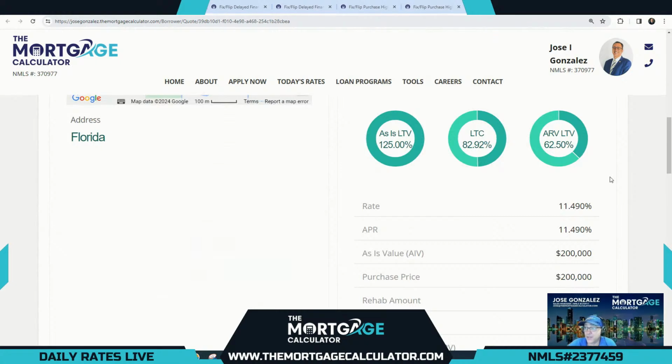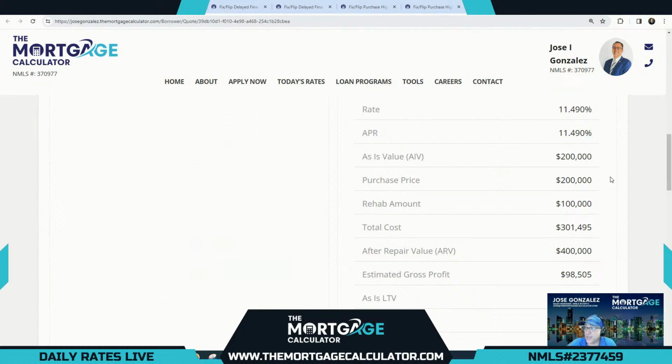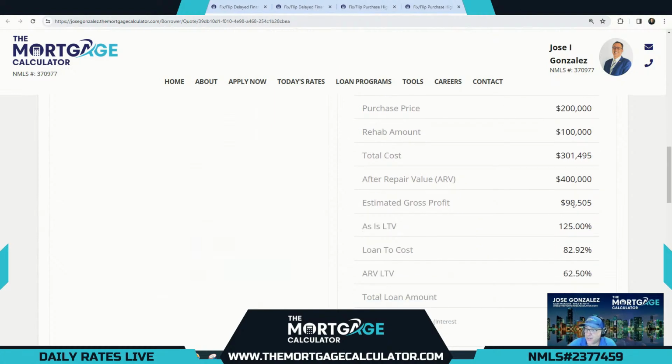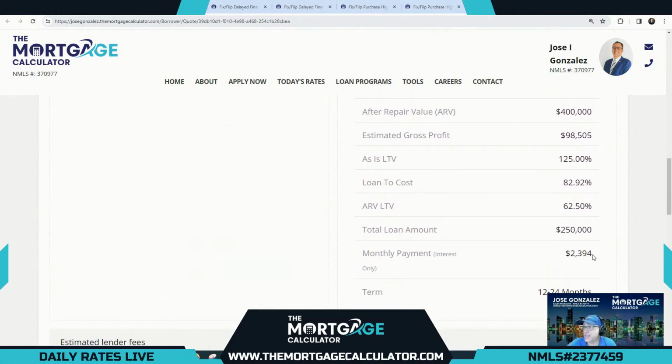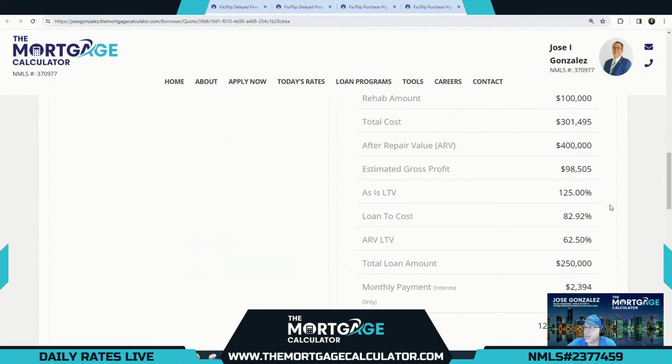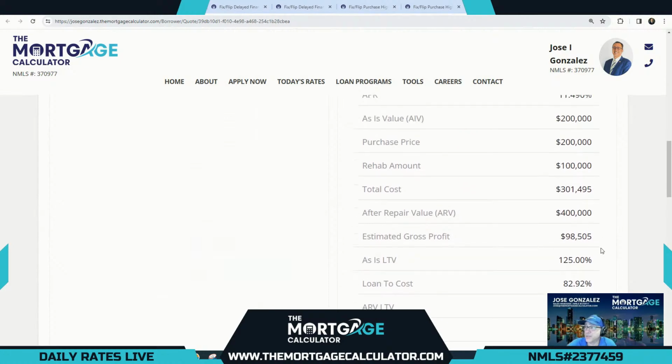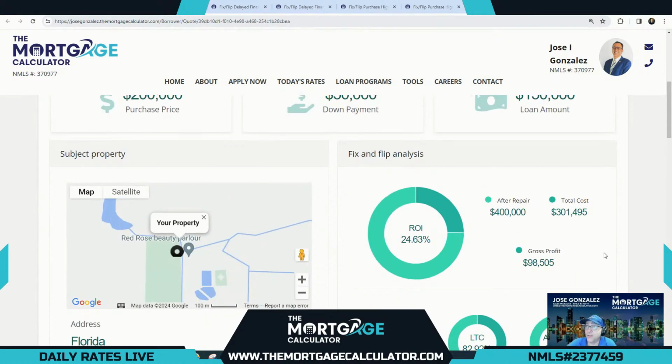That's pretty impressive. And in this deal, the estimated profit is $98,505. And that's an interest-only payment, which you can finance up to 6 months of into this 12-month loan.